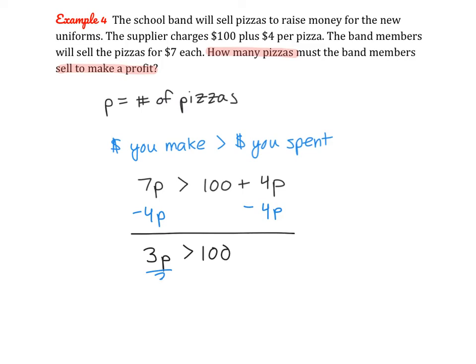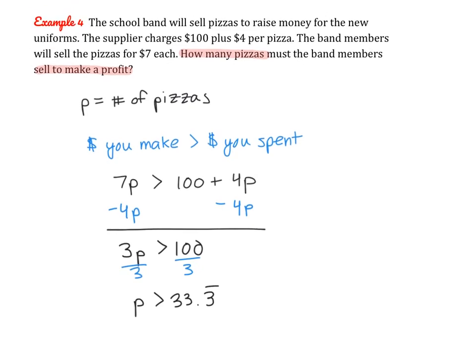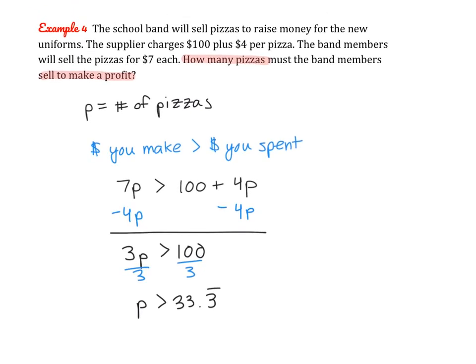So last step, divide by 3, and we get P is greater than 33.3 repeating. So they must sell more than 33.3 pizzas. So hopefully we can use some logic and say, well, it's not even possible to sell a part of a pizza because you sell the pizza as a whole box.